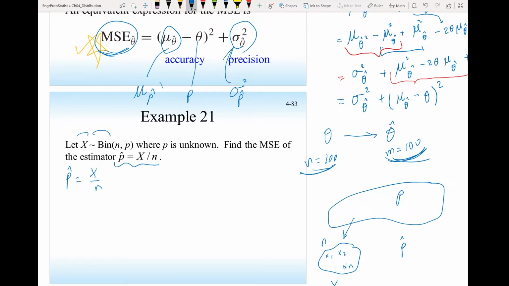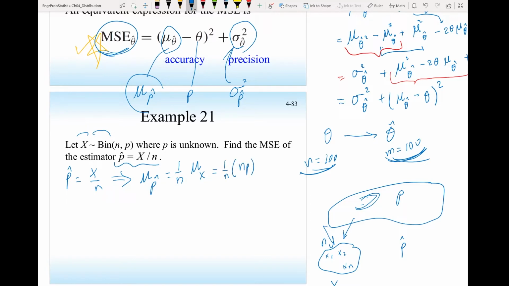So let's first find the mean. From here, same as we did in chapter 3, mu of p hat is 1 over n, a constant, times mu of x. And x, the sample here, came from this population. So the average of this population is the average mu of the binomial distribution, which is np.